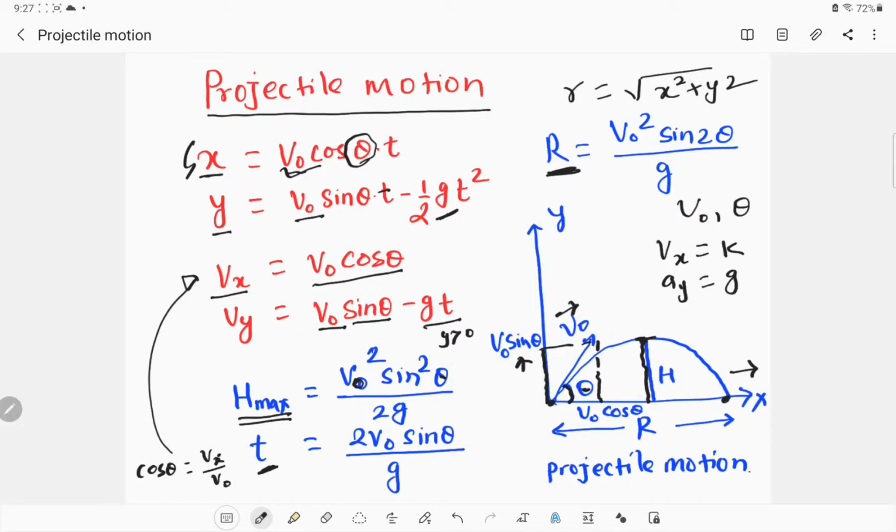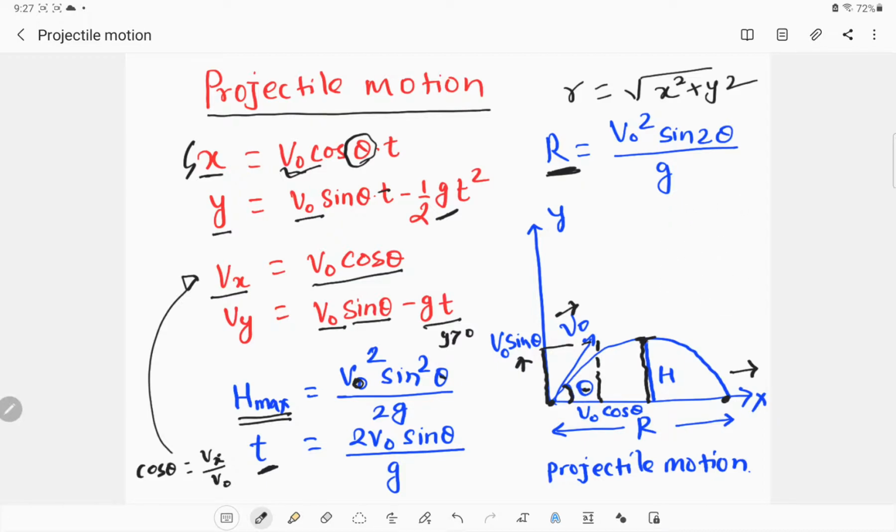So if you know v naught and theta, and acceleration due to gravity is known, that is 9.8, you can determine the maximum range, horizontal range, time of flight, maximum height, velocity x component and y component, and x and y positions. So these are very important things to be known for the physics major.